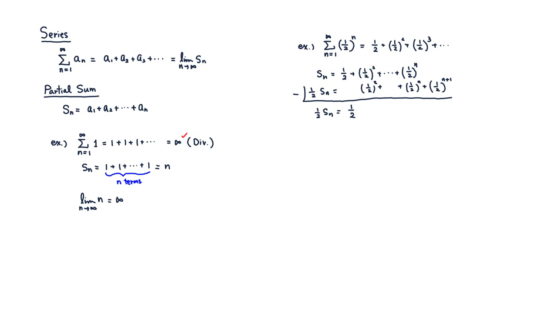And you can see that all these guys will be canceled out too, up to 1/2 to the nth power. So last one is 0 minus 1/2 to the n plus 1. So you have minus 1/2 to the n plus 1.